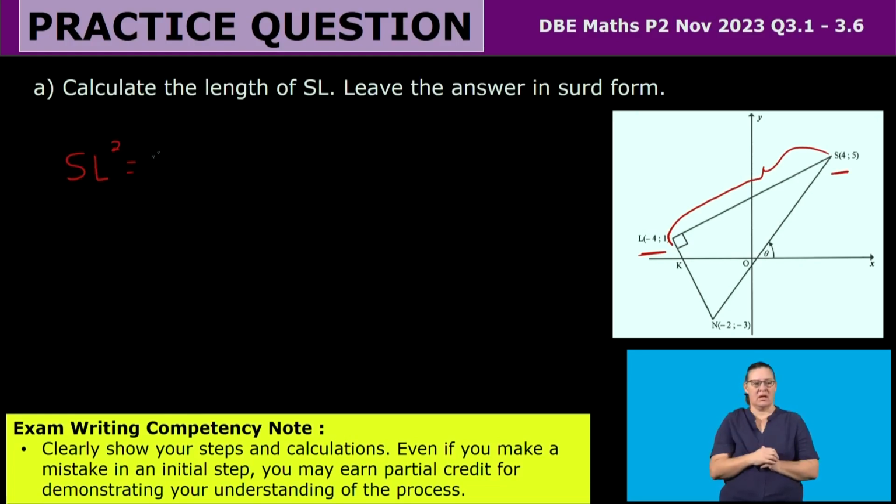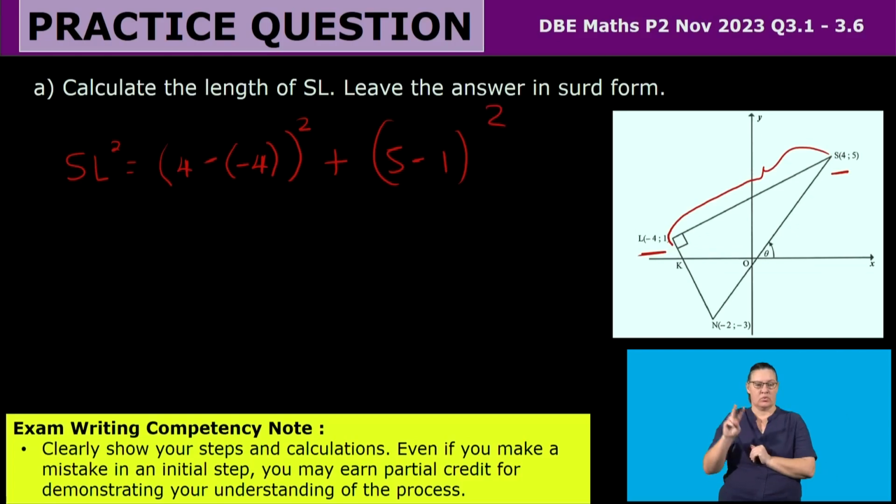So SL squared is going to be equal to x1 minus x2, squared. It doesn't matter if you swap those values around as long as you do it consistently. So it's going to be (4 minus -4) squared plus (5 minus 1) squared.